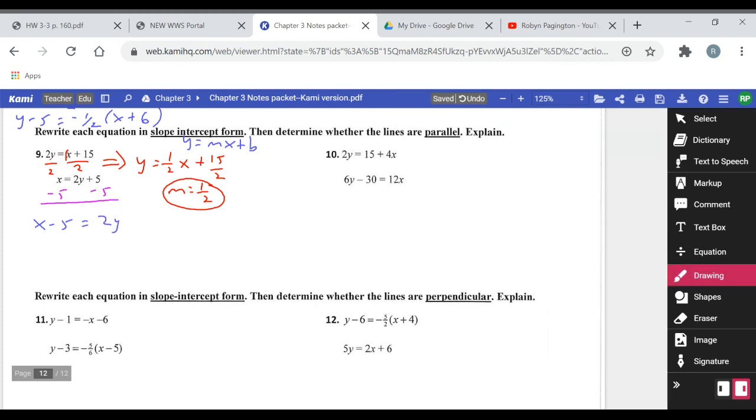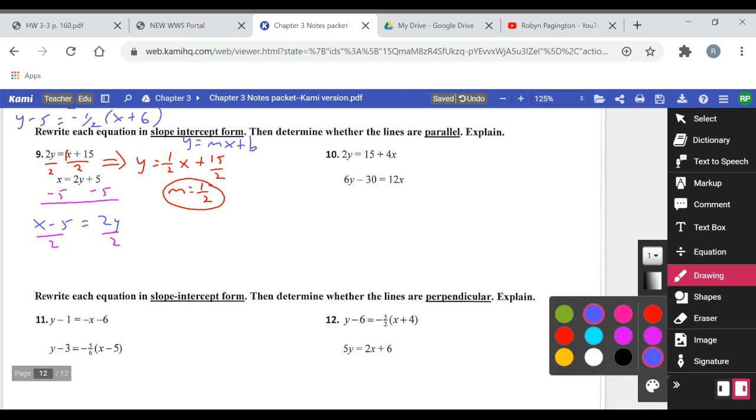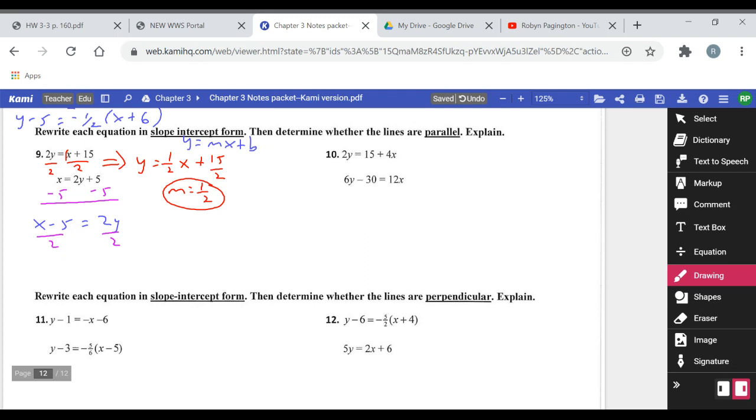And from there, if I divide by 2 on both sides, then again, in front of that x is a 1, so I can say 1/2 x minus 5/2 is equal to y. Okay, so in this particular case, again, since y is by itself, whatever's in front of the x is the slope. So I get a slope of 1/2.